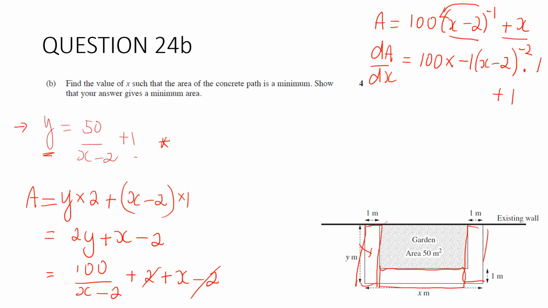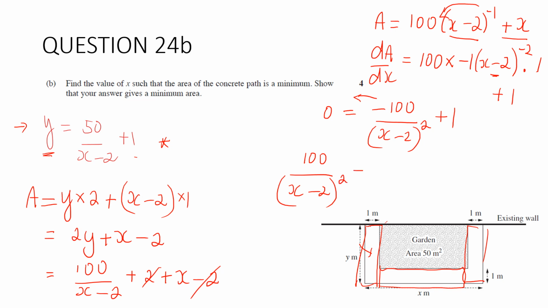Whenever we're maximizing or minimizing, we're going to take our derivative and put it equal to 0. So 0 is equal to -100 over x minus 2 all squared, plus 1. Taking this over the other side, 100 over x minus 2 all squared is equal to 1.